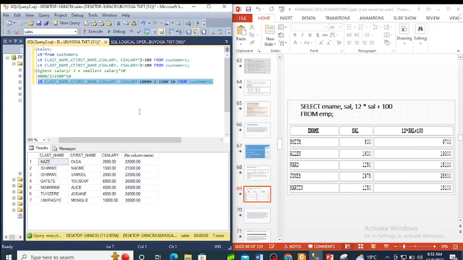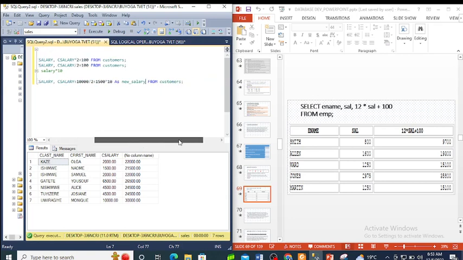So we can put another alias to name this one by saying, for example, as new salary, in order to have the name here.